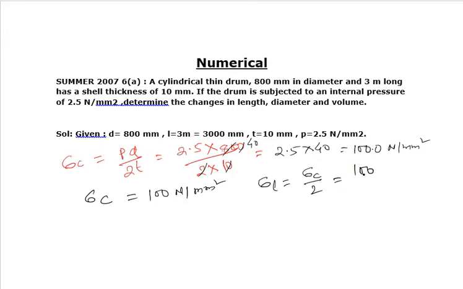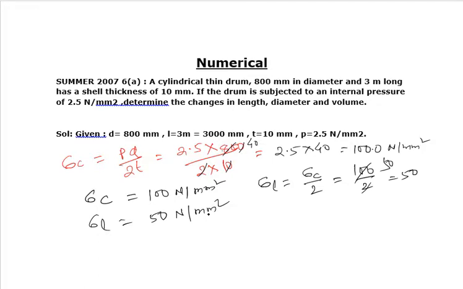So 100 by 2, 50. So we got the value of longitudinal stress, that is 50 Newton per square, correct?